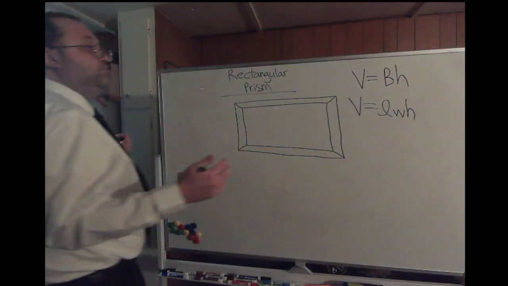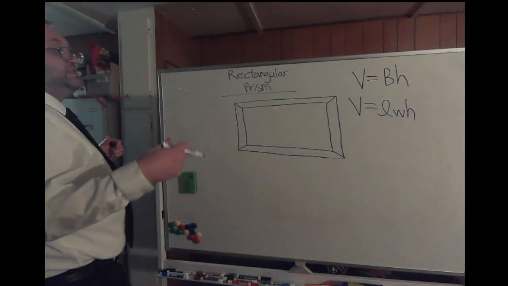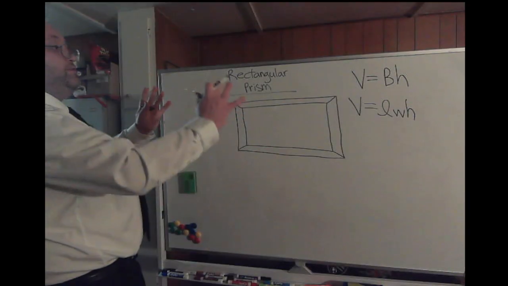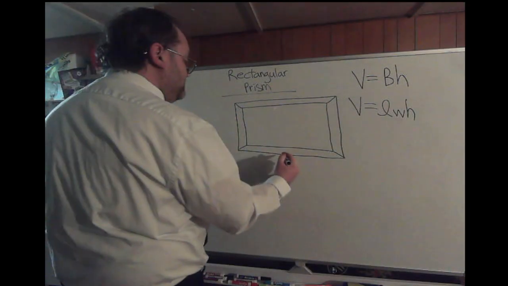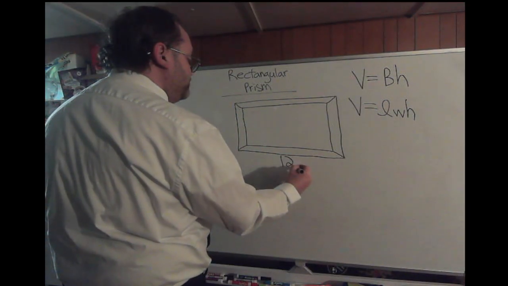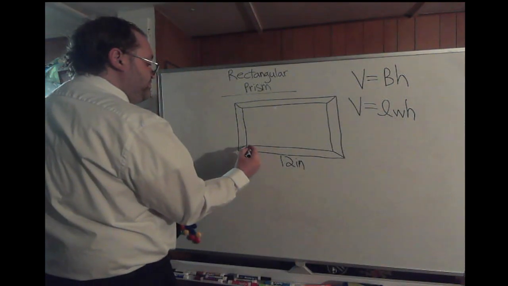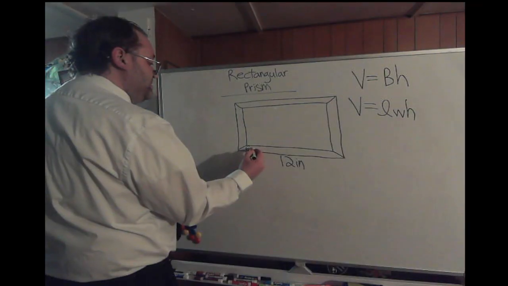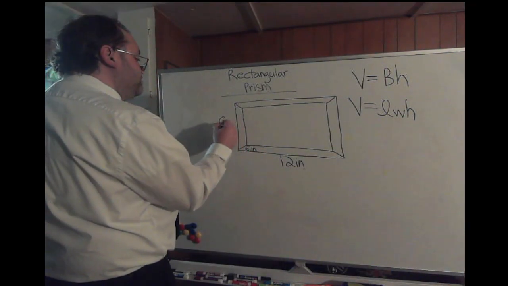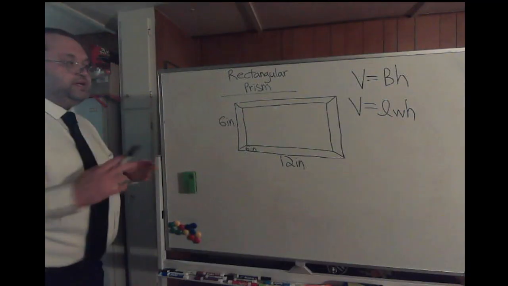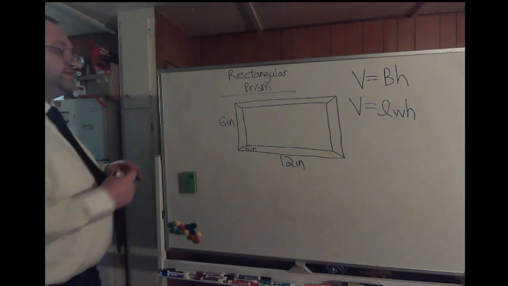Sometimes it's a cube. It depends if you get the smaller ones, but your long classic box you think of is a rectangular prism. So let's say the length is 12 inches, right? The width is going to be 6 inches. The height would also be about 6 inches. I think those are about the average dimensions of a facial tissue box.